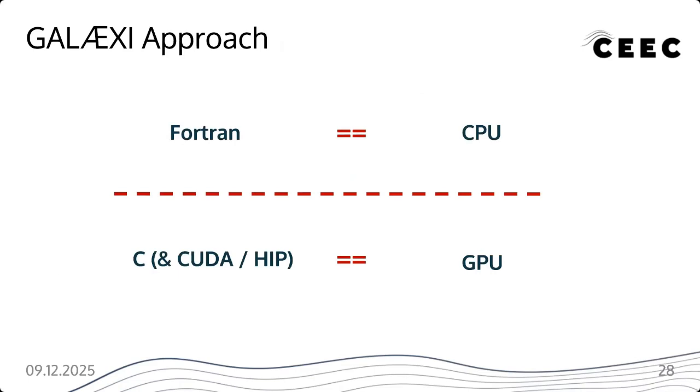If you're looking at C, CUDA, or HIP, or C++ or whatever, that is GPU code. End of story. This delineates things in a really nice way. It puts a barrier in one place, so we only cross one barrier, we don't have to cross two. It turned out to be a very good decision, and very convenient.